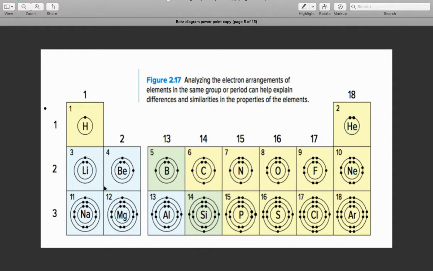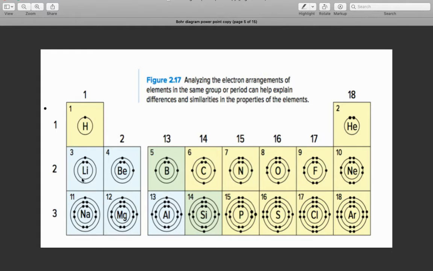When you see lithium, that is Li, capital L and lowercase i, you will notice that lithium is just below hydrogen, but it's not in the first row. It is in the second row in the same first column. This number 2 represents how many shells you have to draw around an element. For lithium, it's in row 2. One is hydrogen, and the second row has lithium as its first element.